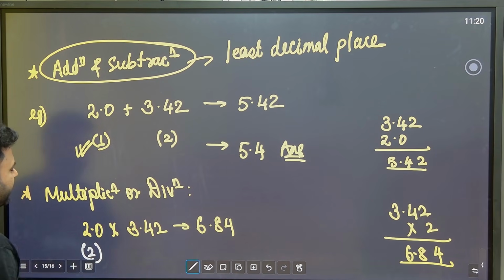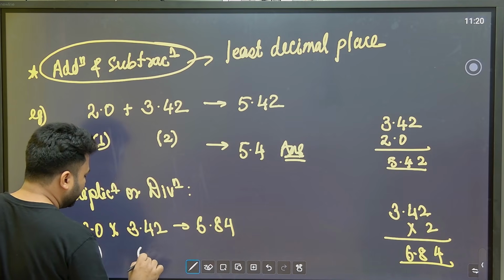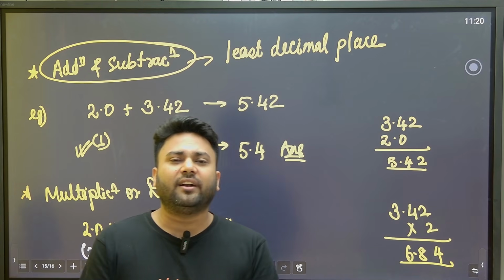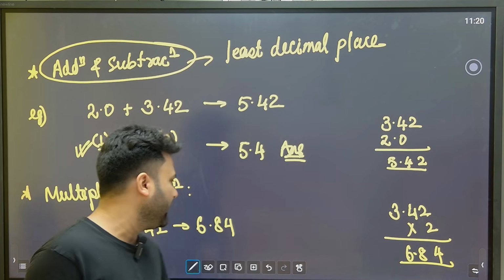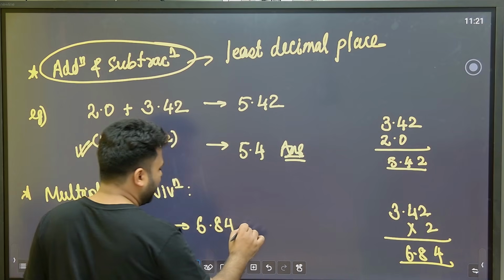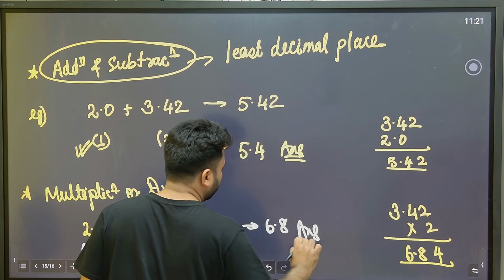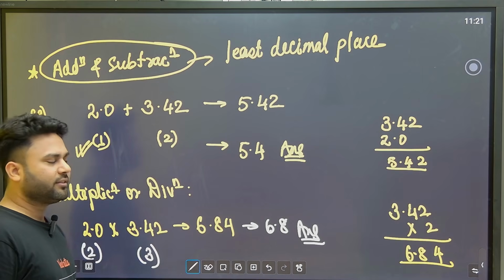Here, how many significant figures? 1, 2, 3. 3 significant figures are there. So your answer should contain the least significant figures, meaning 2. So 6.8 will be your answer. See here, only 2 significant figures.